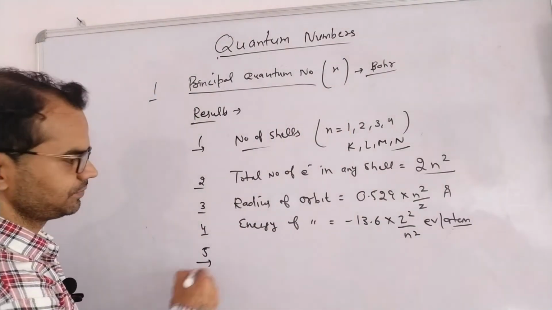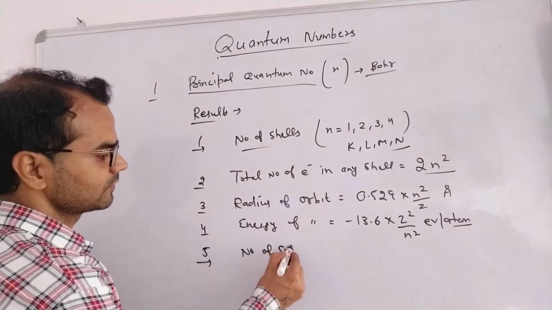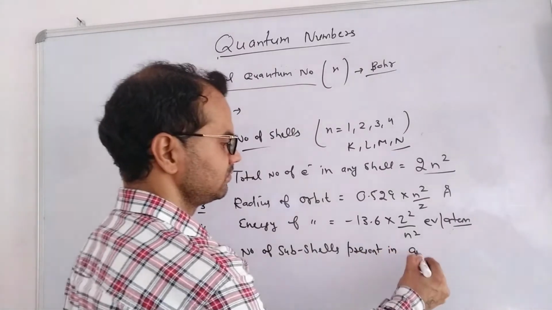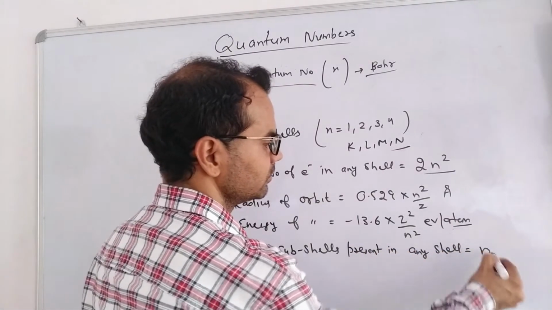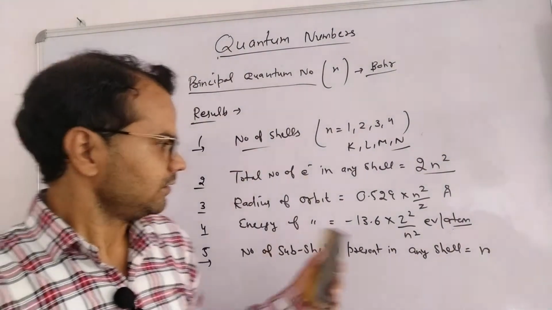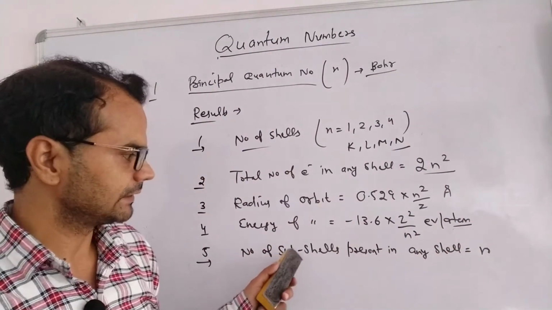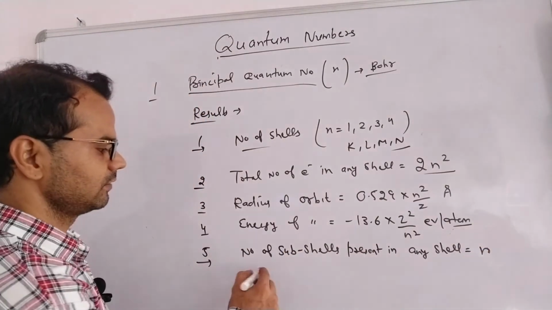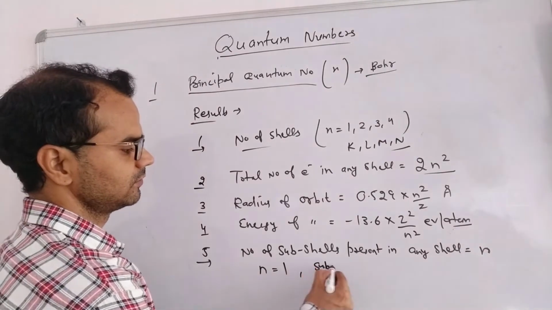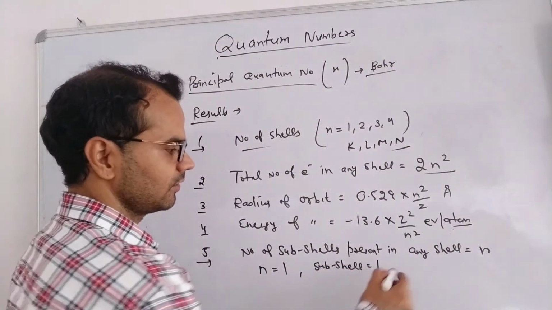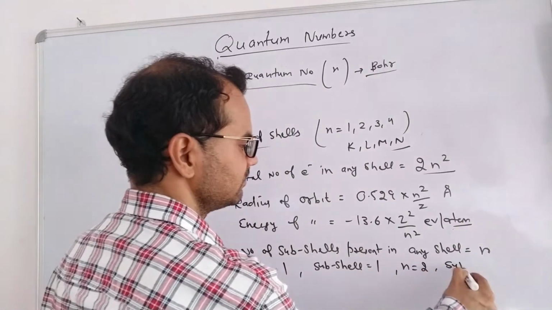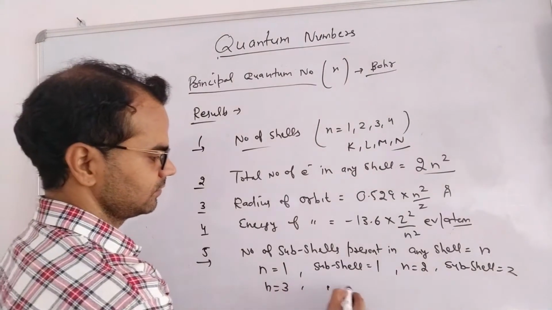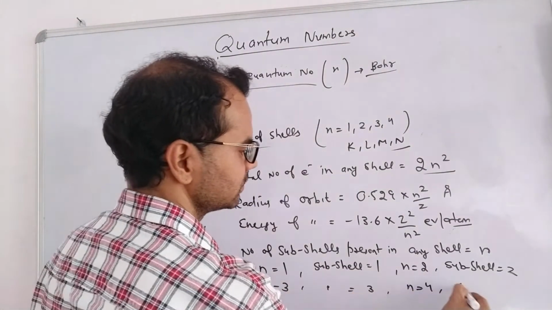Next, fifth is the number of subshells present in any shell, equal to n. Each shell contains subshells, and if we know the value of n, we can find out the number of subshells also. For example, n equal to 1, subshell 1; n equal to 2, subshells 2; n equal to 3, subshells 3; n equal to 4, subshells 4.